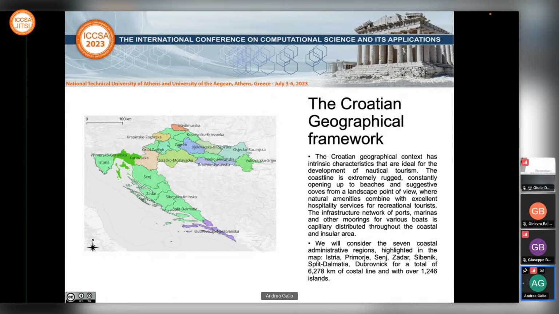And the coastline is extremely rugged and constantly opening into beaches and suggestive coves. And so under the landscape design, it is perfect for tourism and hospitality services. There are 7 different regions on the coast of Croatia.